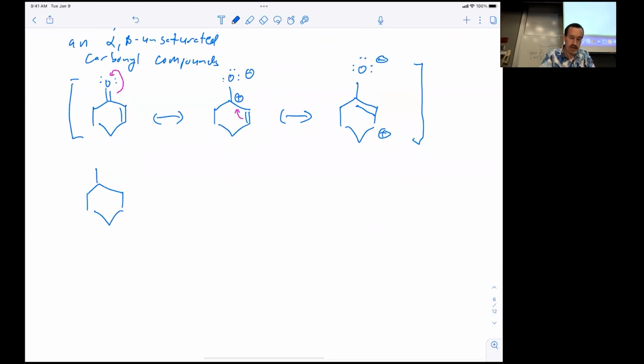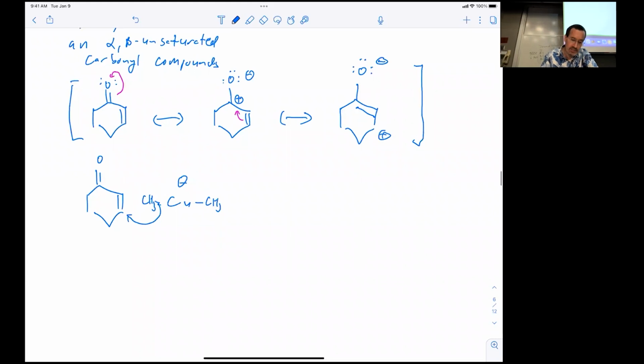In other words, we can think of our cuprate anion as transferring a methyl group, and we can picture that that methyl group, which wouldn't normally add to a ketone, it wouldn't normally add to cyclohexanone, goes ahead and adds and attacks the beta position.